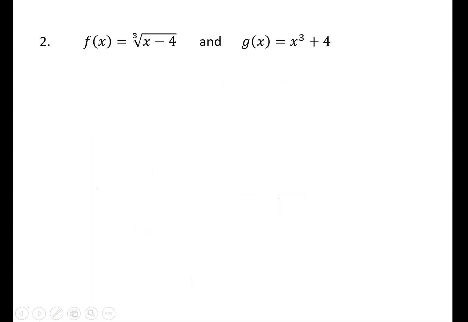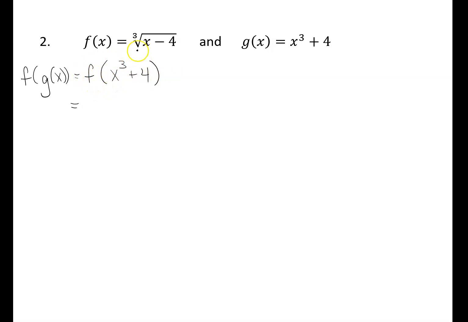Let's try another one. Same instructions. So we're going to start by finding f of g of x. So that's f of, and then we're putting x cubed plus 4 inside in place of g. And now just focus on this step right here.